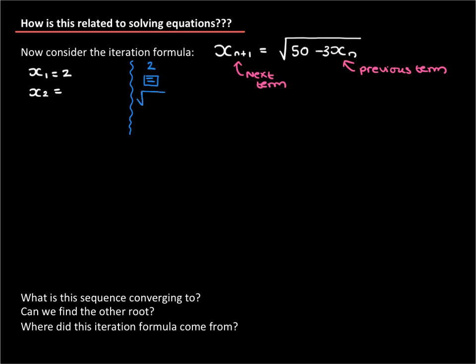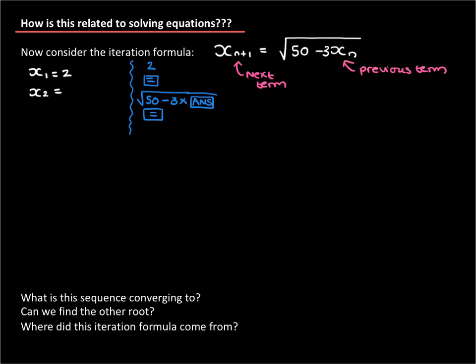So you would have something on your screen that looks like this, 50 take away 3 multiplied by answer, and you use the answer key there to input answer. Press the equals button again and you will generate the second term in this sequence.